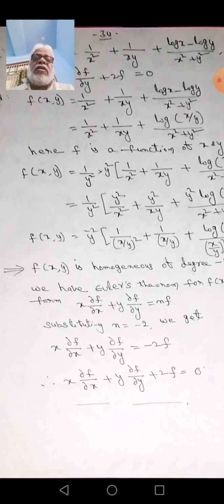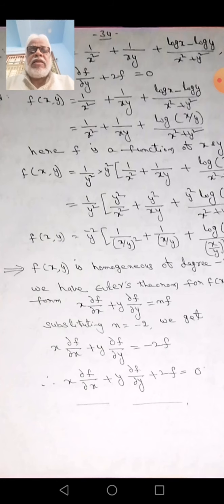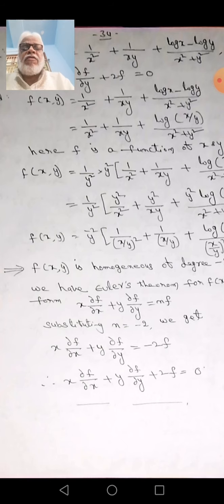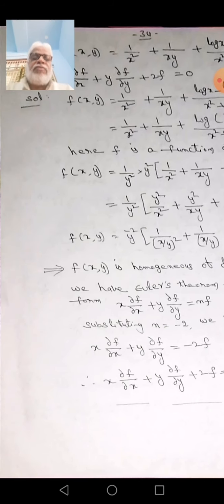So log x − log y can be written as log(x/y), because the formula log m − log n is log(m/n). So 1/x² + 1/xy + log(x/y)/(x² + y²) is f(x,y) from the given question.